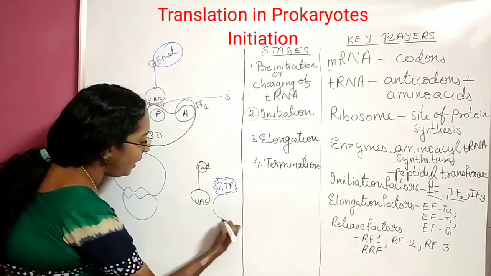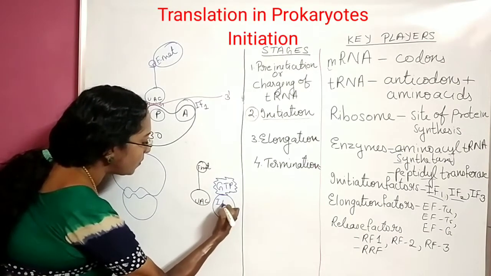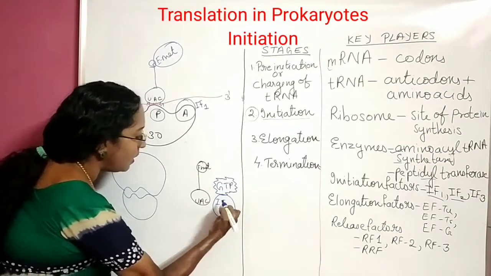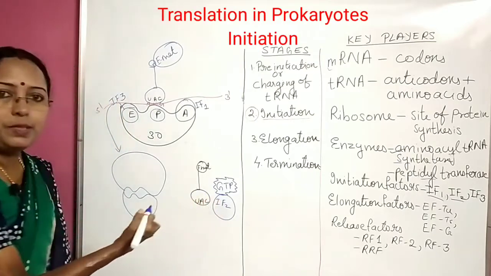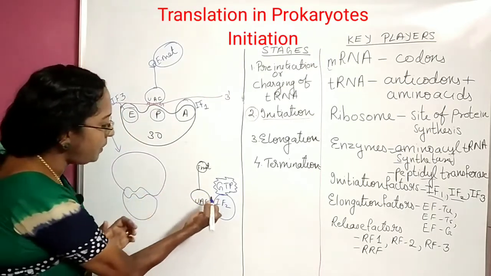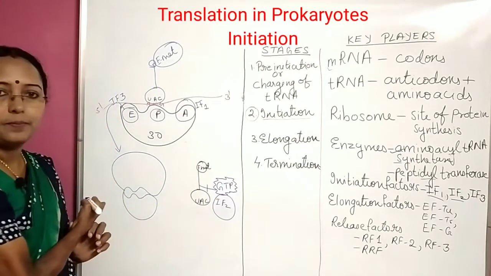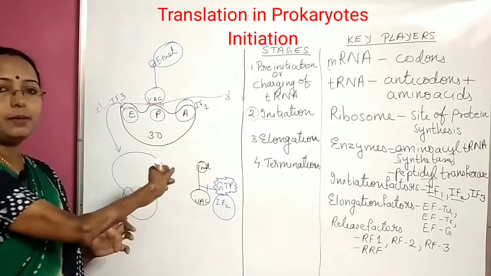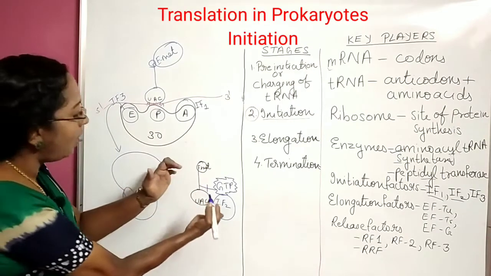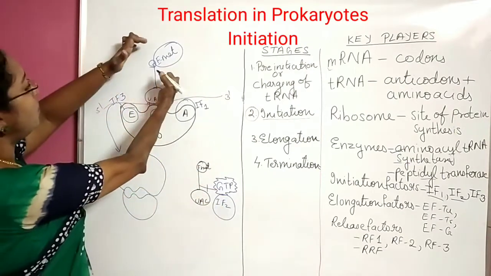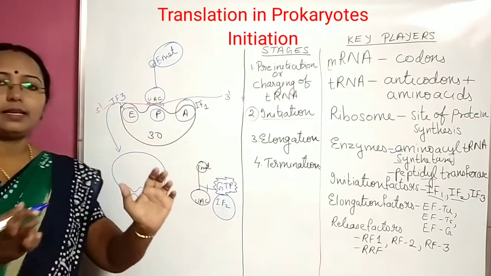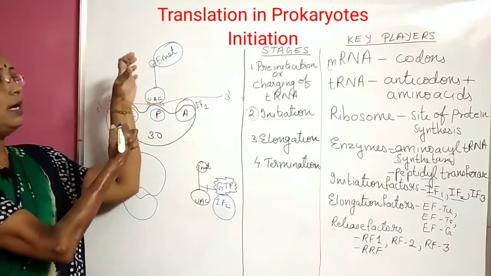So this IF2 combines with GTP, and this GTP-IF2 combines with our tRNA carrying the F-met amino acid, and now they come and sit exactly over the P site. The tRNA can now go and sit in the P site.